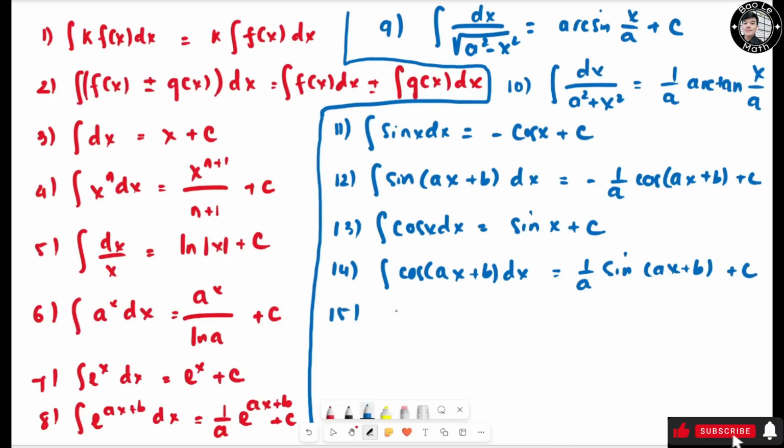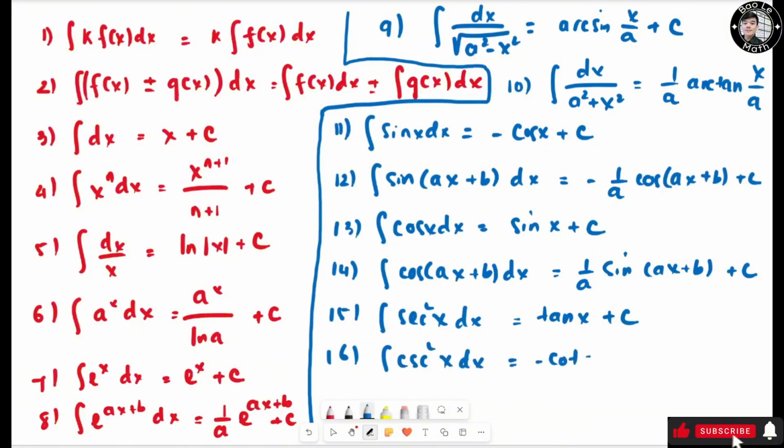Number 15. Antiderivative of secant square s ds is going to be tangent s plus c. Number 16. Antiderivative of cosecant square s ds is going to be negative cotangent s plus c. Number 17.